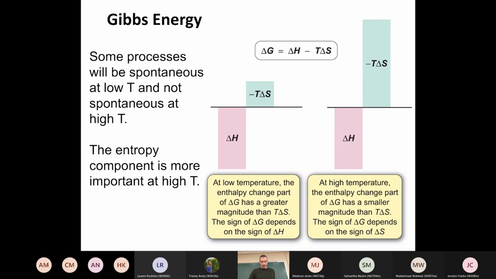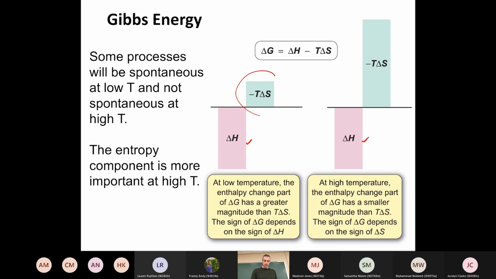Basically what this is saying is a reaction could be spontaneous at one temperature, but not another temperature. A nice example is water freezing. We know that below 0 degrees Celsius, water turning solid is spontaneous, whereas at, say, 50 degrees Celsius, the reverse process is spontaneous. So temperature is important. The delta H is more or less the same at the two different temperatures.